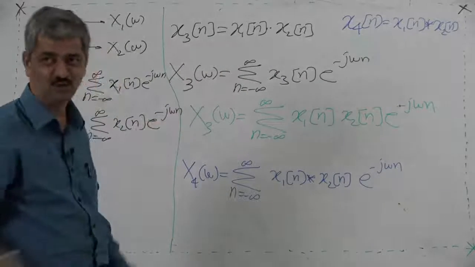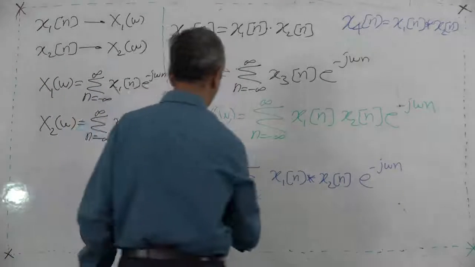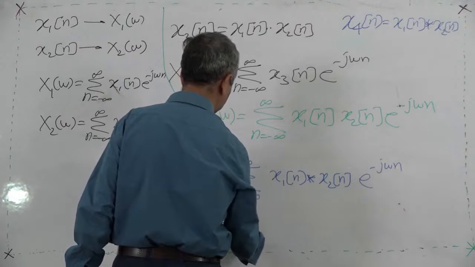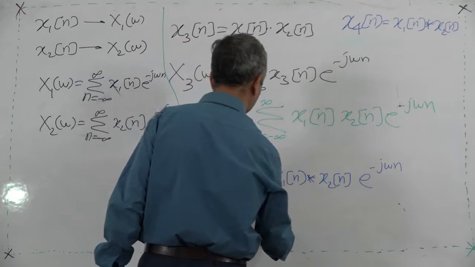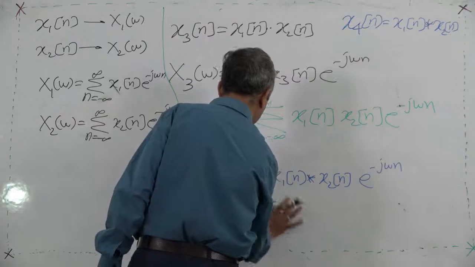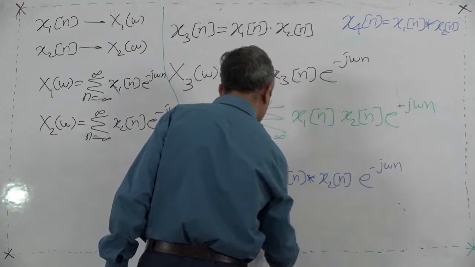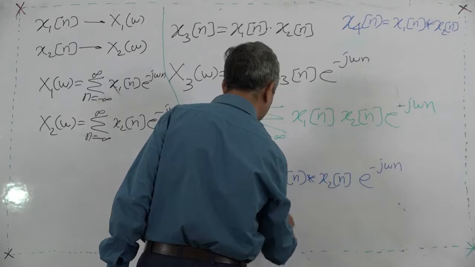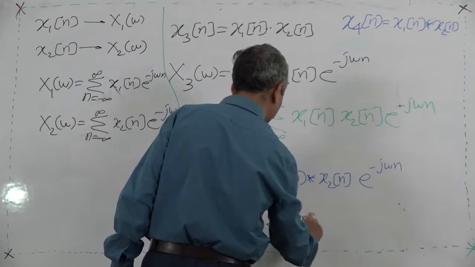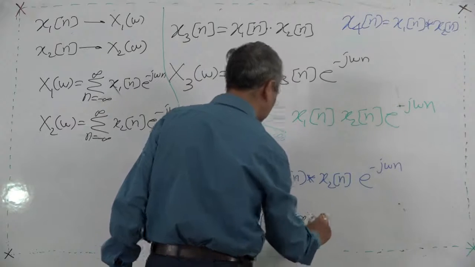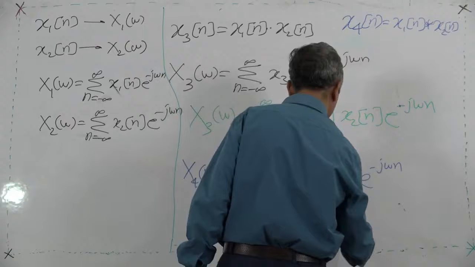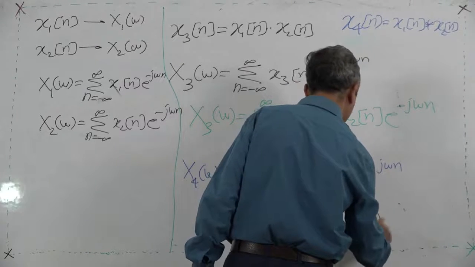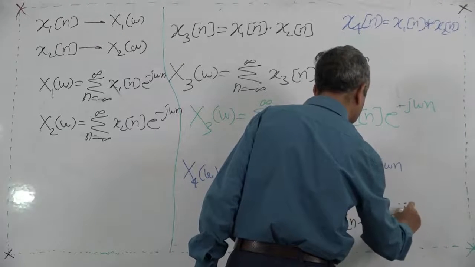For this convolution I have to write the formula. The convolution is the summation over k equal to minus infinity to infinity of x1[k] x2[n minus k], and the whole thing multiplied by e raised to minus j omega n.